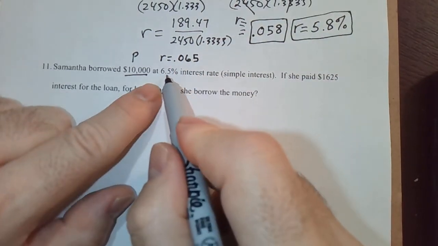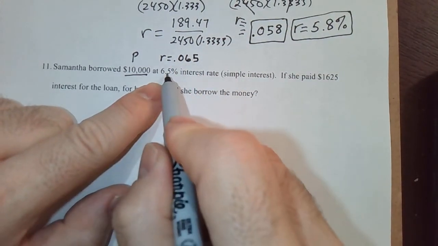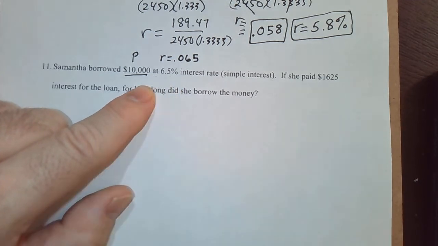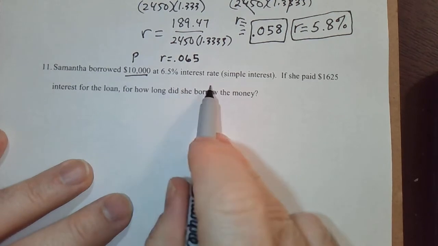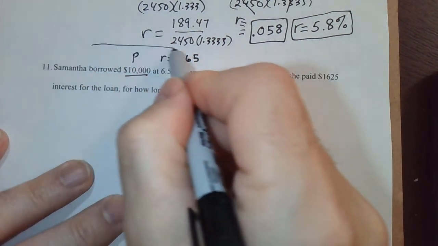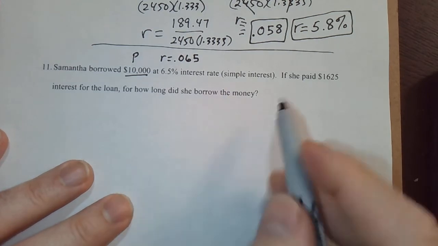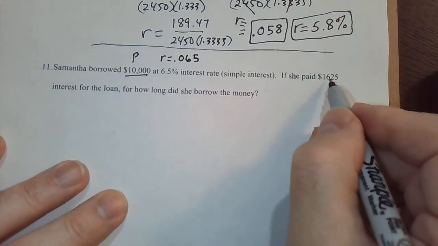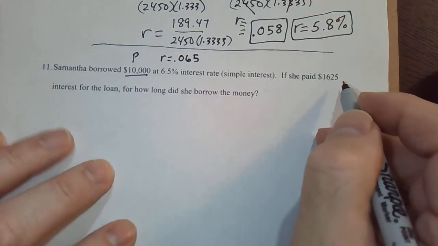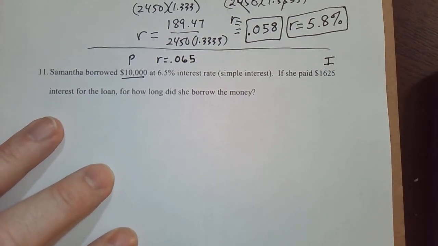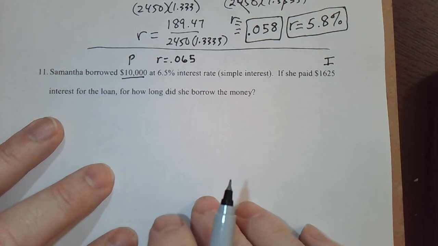Remember what you do: when you remove the percent, you move the decimal point 2 places to the left. Okay, simple interest as usual. If she paid $1,625 in interest for the loan, that would make $1,625 our capital I.